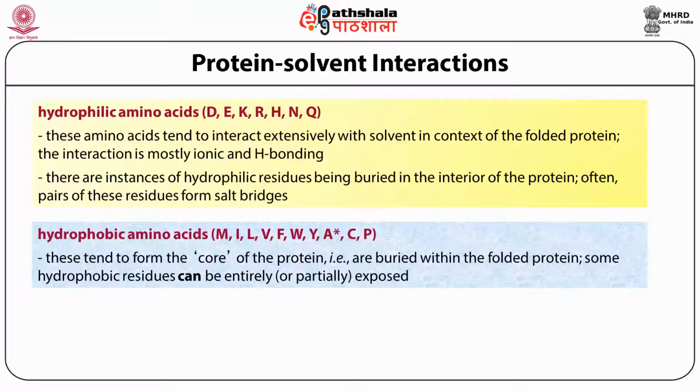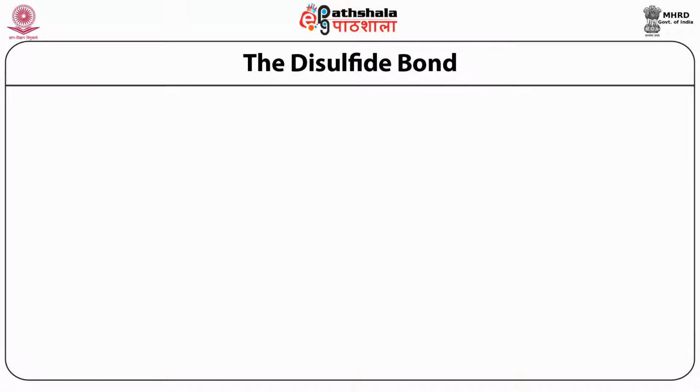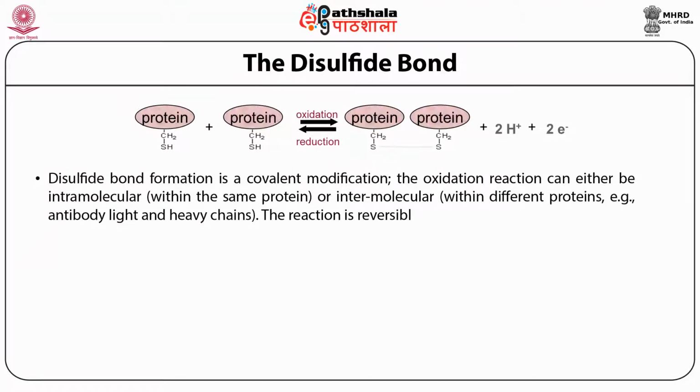Some hydrophobic residues can be entirely or partially exposed in the protein. However, some neutral amino acids such as glycine, alanine, serine and threonine show less preference for being solvent exposed or not.